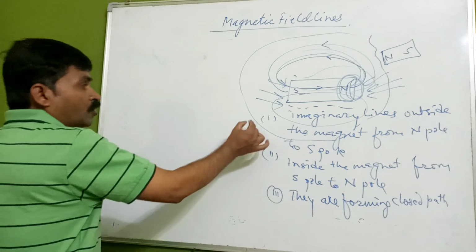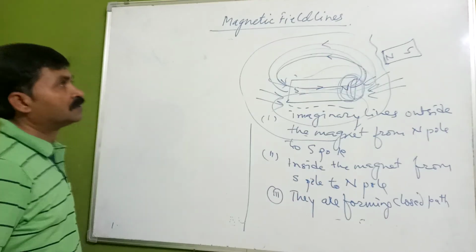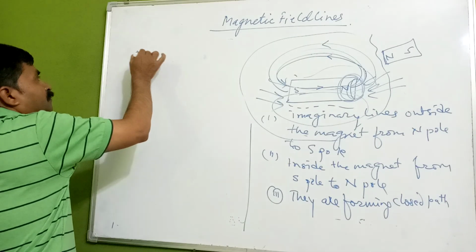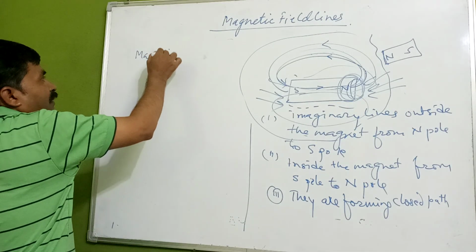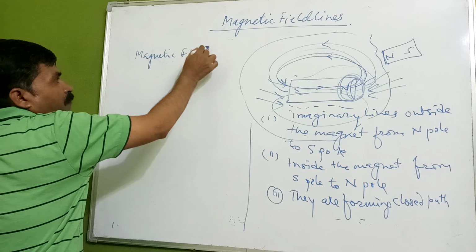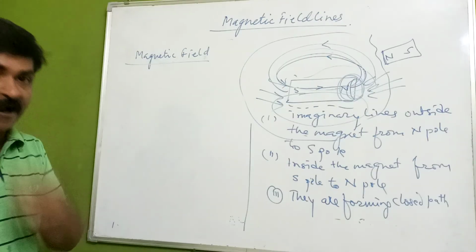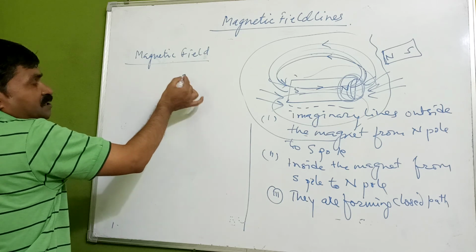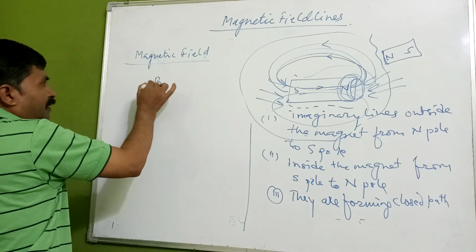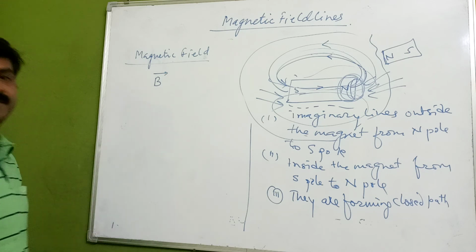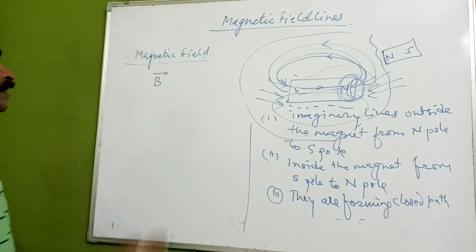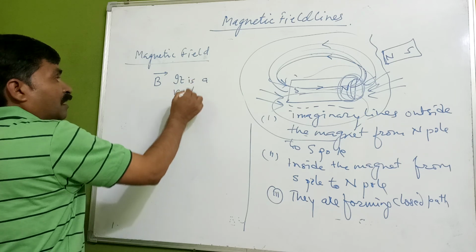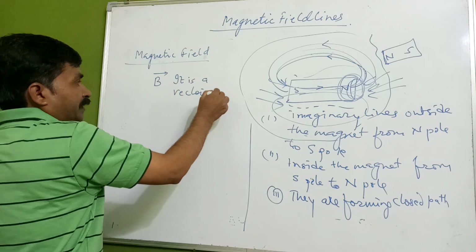Next point, because of that we are getting magnetic field. The magnetic field, generally we can determine by the force experienced. We represent this magnetic field by B, and it is a vector quantity.